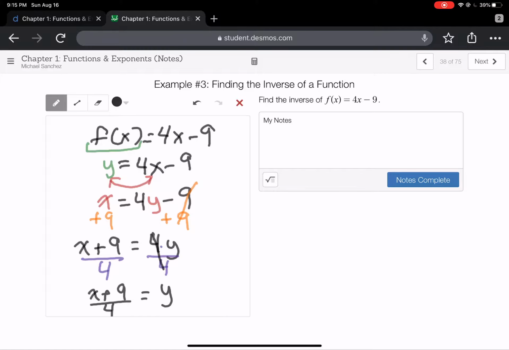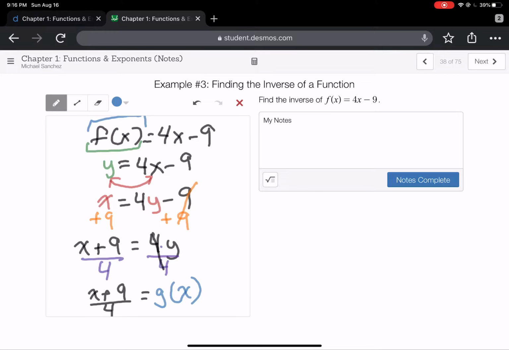All right, now one thing that we have to do, because this is a function and it started in function notation, this f of x form, in order to identify this as an inverse function, I'm going to change the y back to function notation. I need to do this just to finalize the problem. So I'm going to call this g of x.